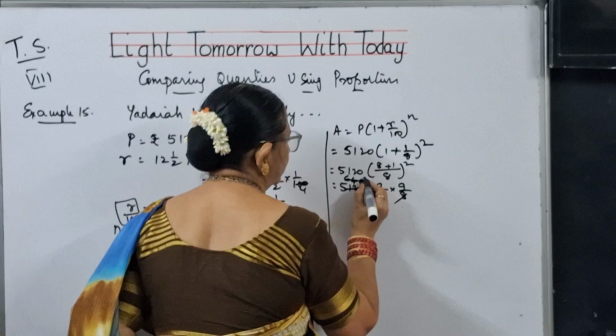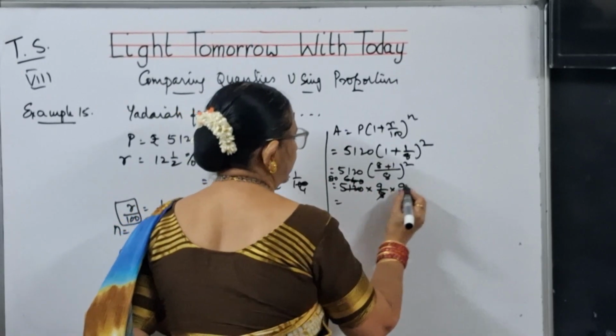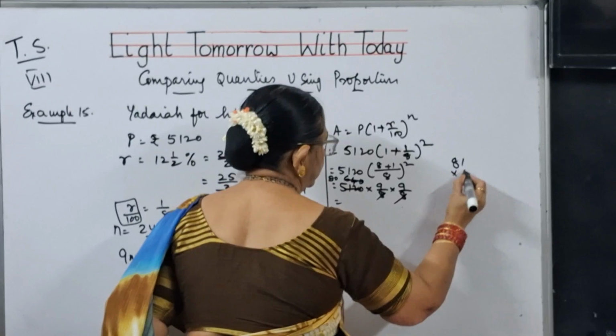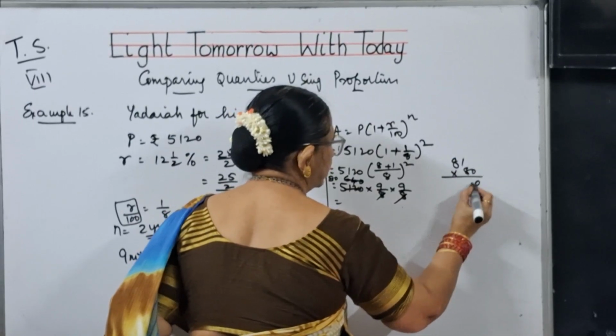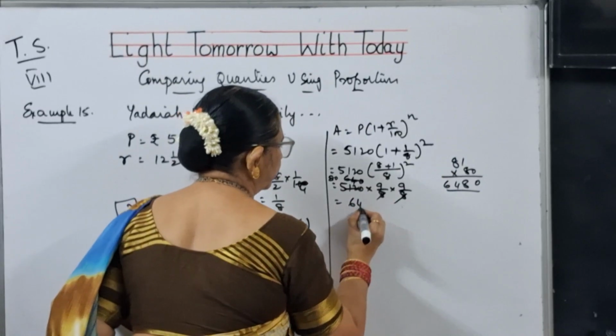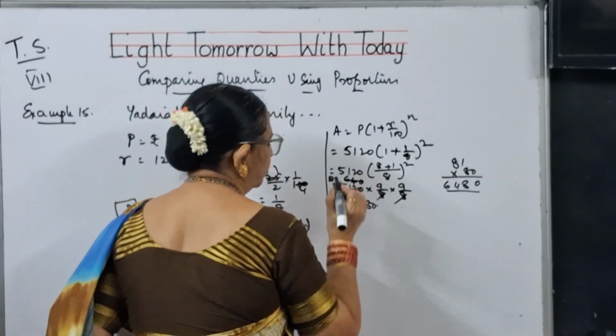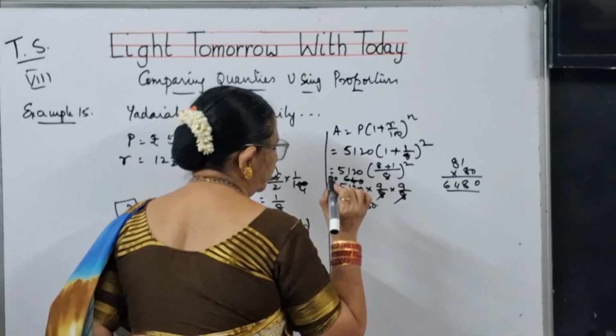So 8 8s are, and 0, 80. So 9 9s are 81 into 80. So how much am I getting? 8 8s are 64. So 6480 is the amount. Now this amount becomes principal for simple interest.